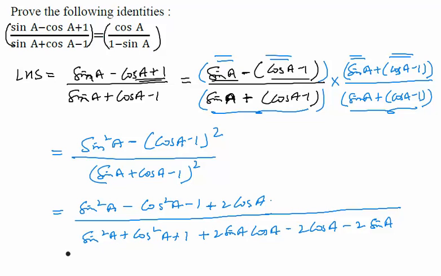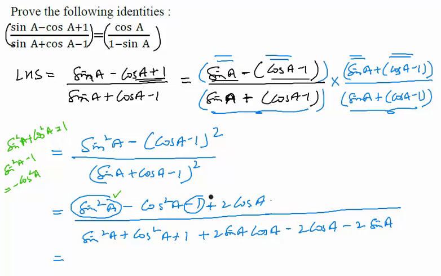Now let us simplify this expression further. In the numerator, we have sin square a minus 1. What can this be written as? From the original identity, sin square a plus cos square a is equal to 1, which means that sin square a minus 1 is equal to minus cos square a.